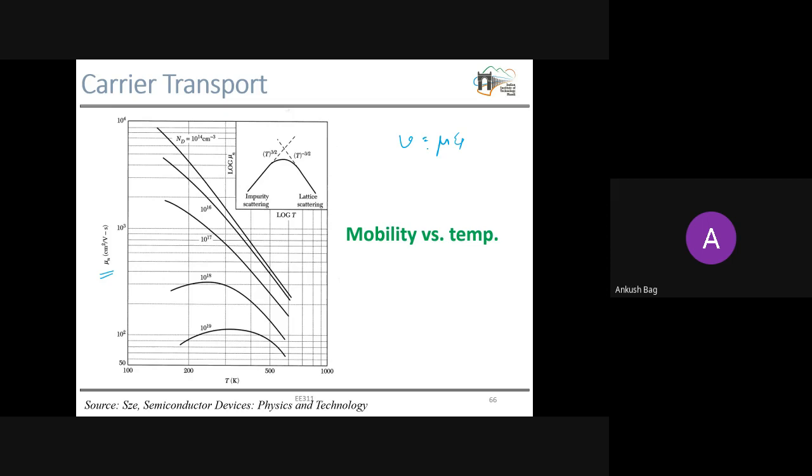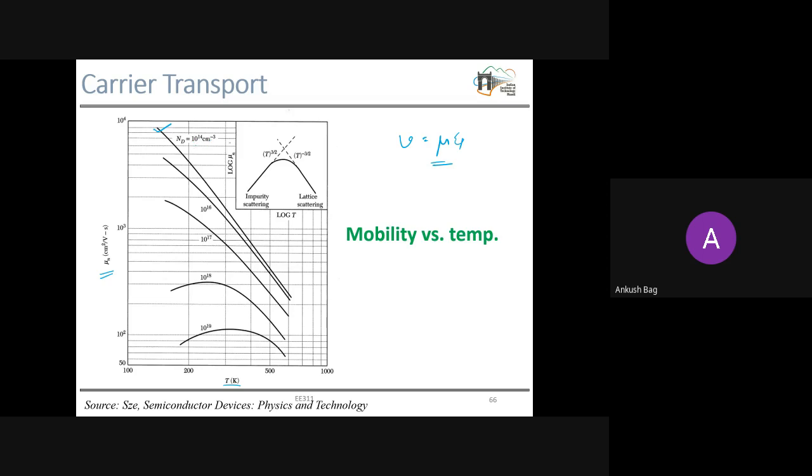So if we consider V equals mu E, this mobility we know, and this is the behavior of this mobility with the temperature T. So first let us discuss these characteristics. Here we have doped our semiconductor with a 10 to the power 14 doping level, that means the impurity or dopant concentration is 10 to the power 14.